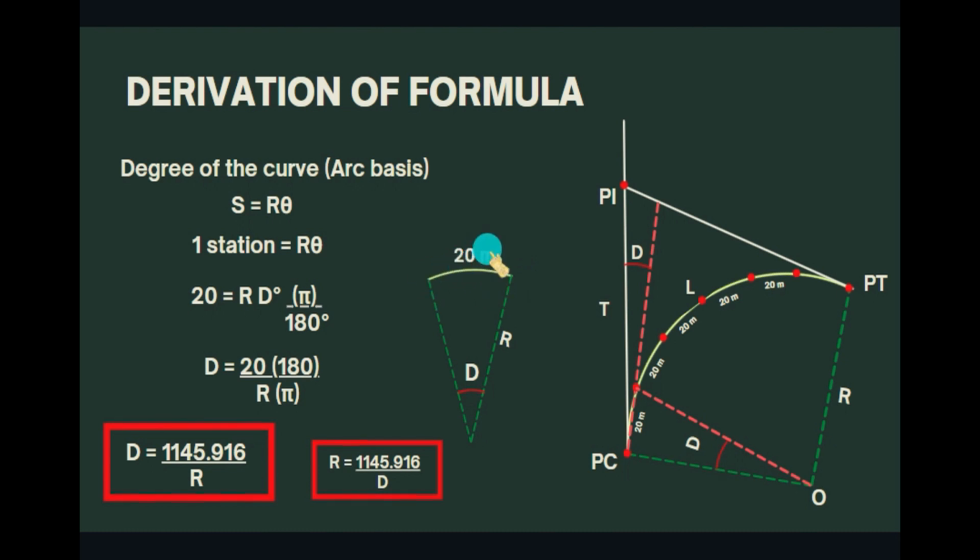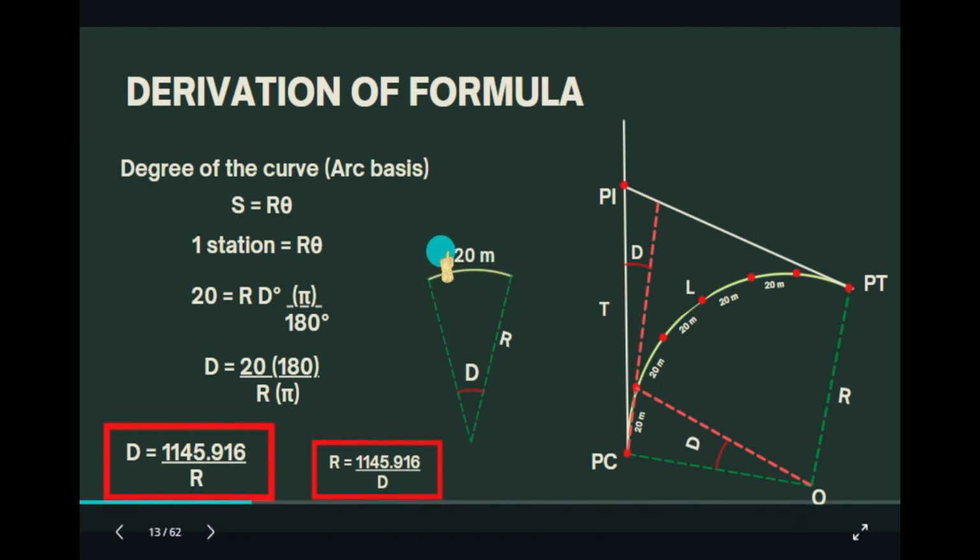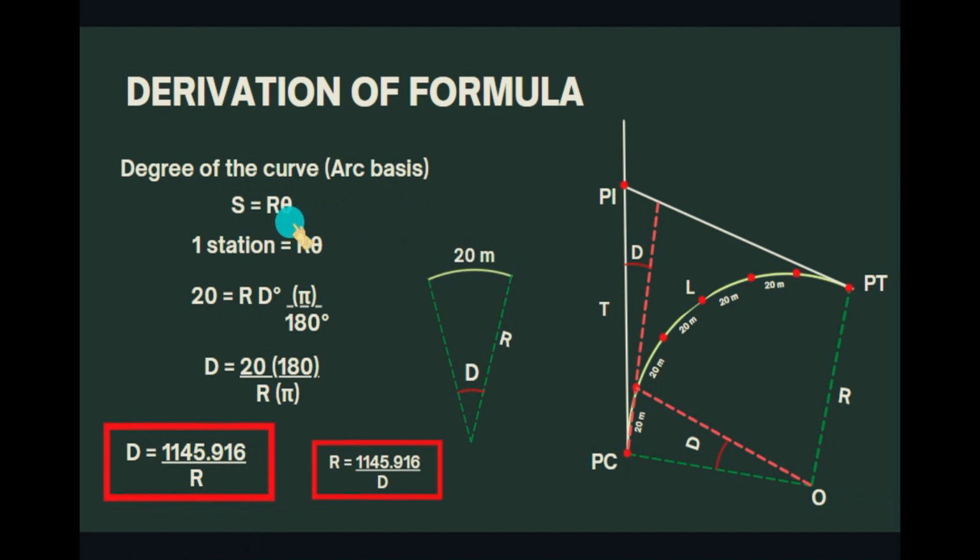So let's solve for the D in terms of radius. Since this is a sector of a circle, we can just use the formula S = R theta, where theta shall be in radian. And since D is in degree measure, we need to multiply it by pi rad over 180 degrees. So 1 station is equal to 20 meters, equal to R, and our theta is D pi over 180 degrees. So we can cancel out the degrees, and we are left with radian.